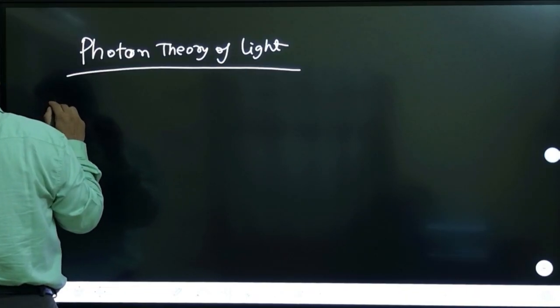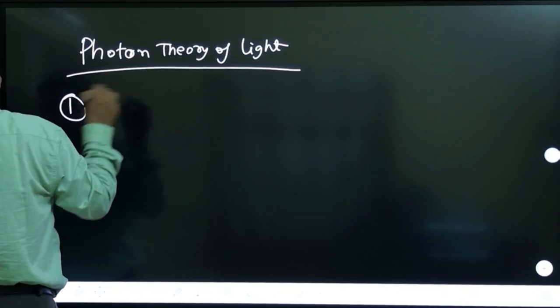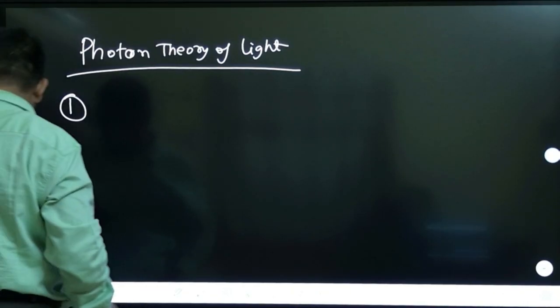First, Einstein gave this during the photoelectric effect, when he discovered the photoelectric effect.